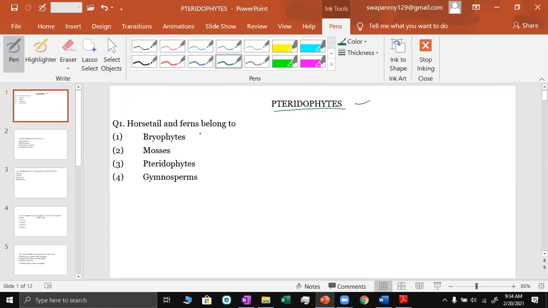The horsetail and ferns belong to which group of plant? This is obvious, it is pteridophyte. Pteridophytes.